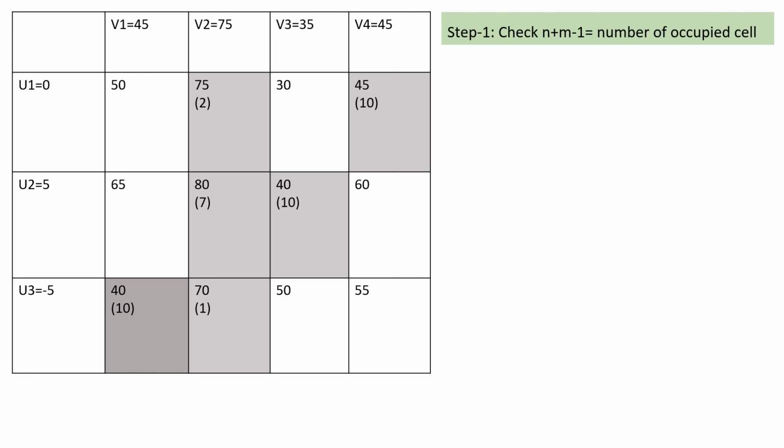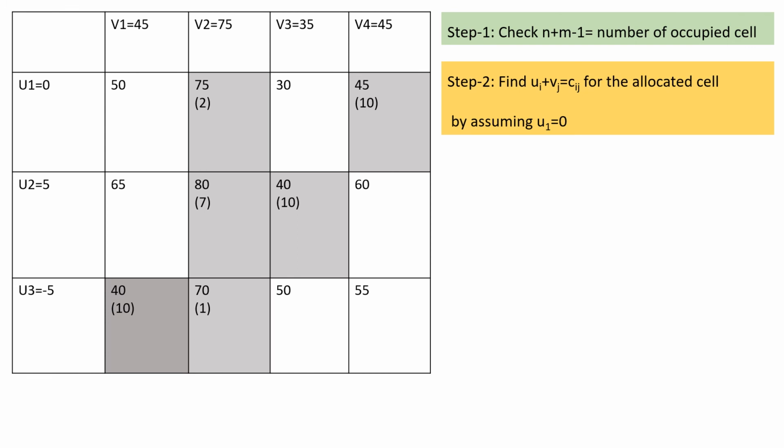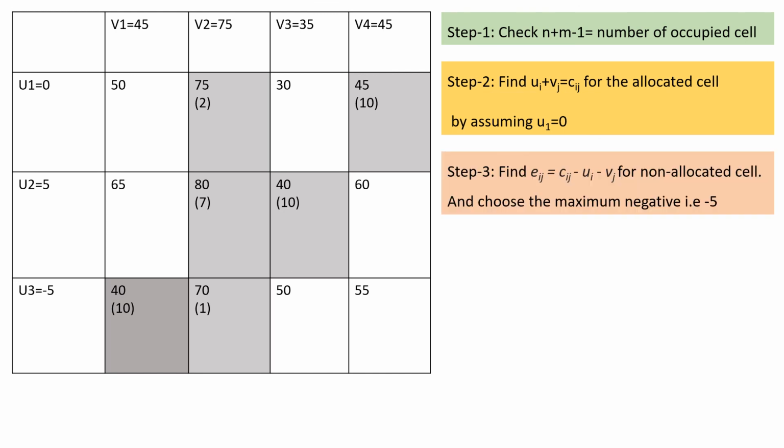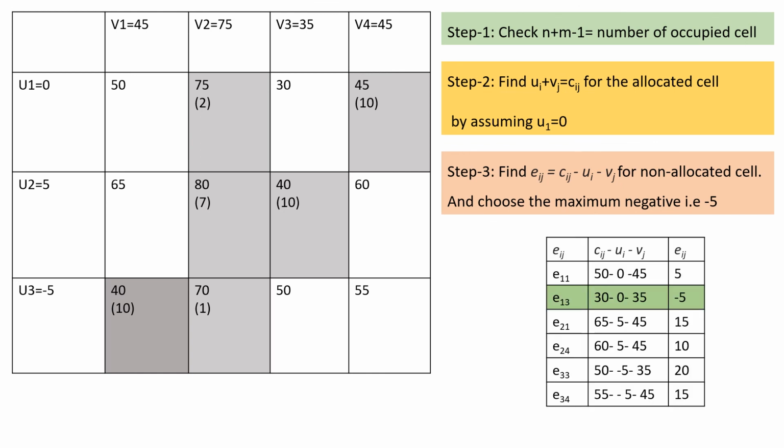It's already fulfilled, and let's proceed to find ui and vj using this equation. So we get it like this, and now let's calculate eij for the non-allocated cells, and here we go, we get -5, and -5 is E13.